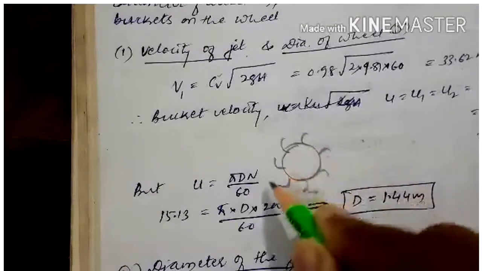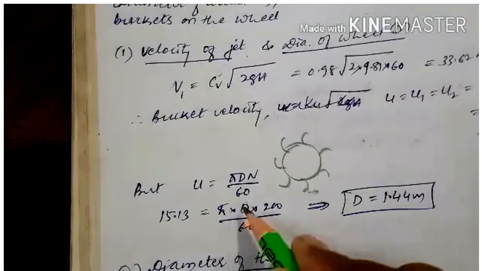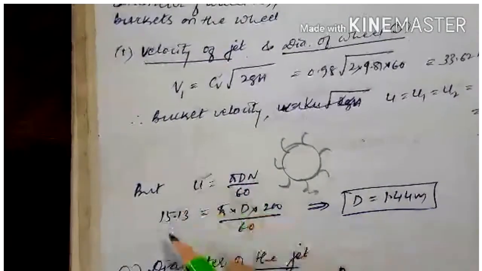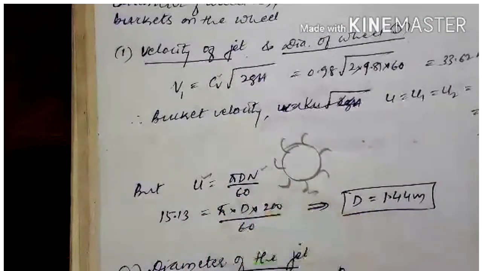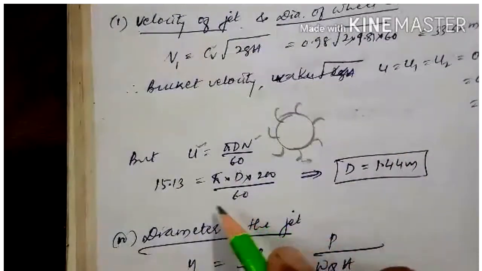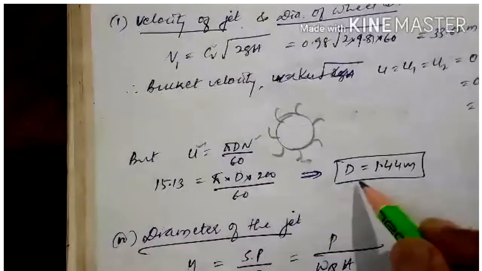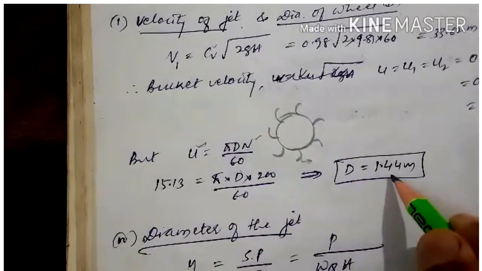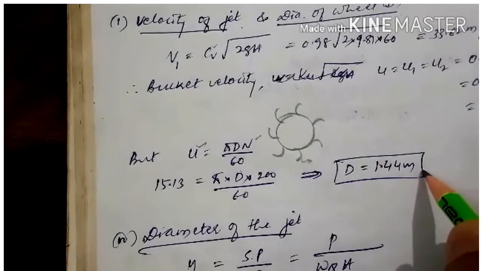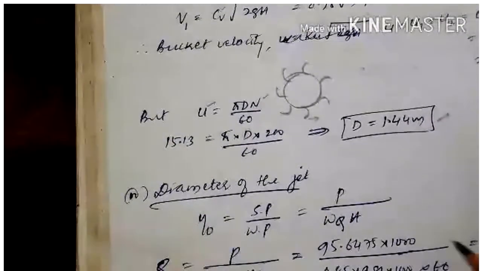Then this rotational velocity can be given as pi DN by 60. From this, because we know the value of u and the value of N, the D can be easily calculated, that is the diameter of wheel required. So the diameter of wheel required will be 1.44 meter.